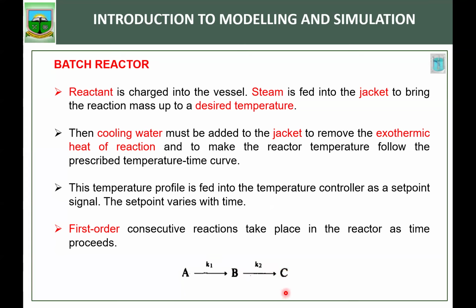So usually in a batch reactor, we always want to identify the right time at which we can get the maximum of this. Also, similar to the rice cooker example, if you don't come at the right time to check your rice, you might come early and the rice will be uncooked.